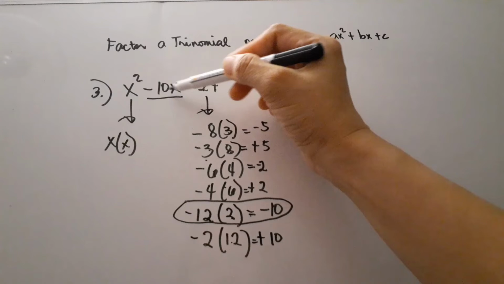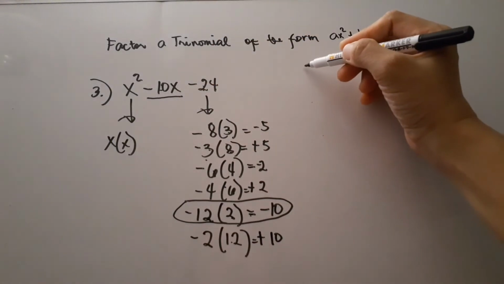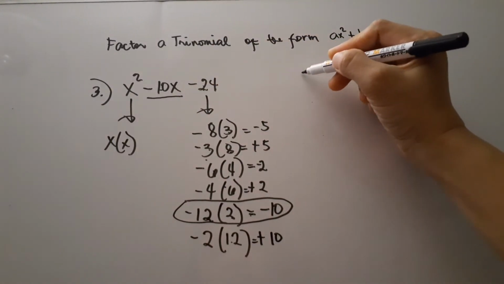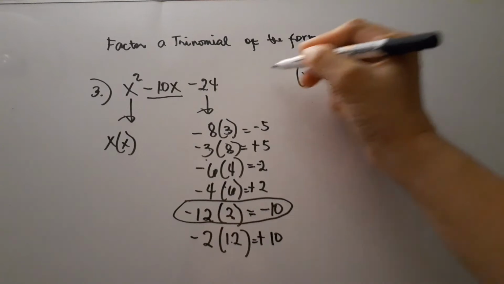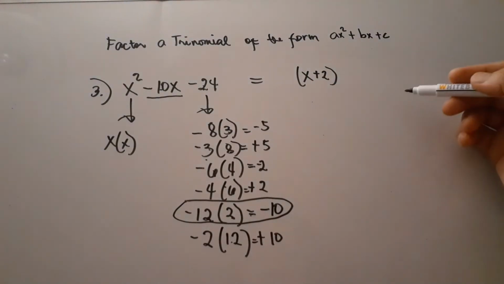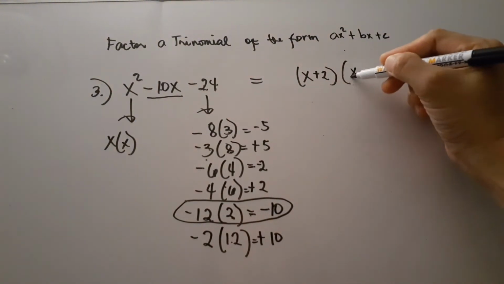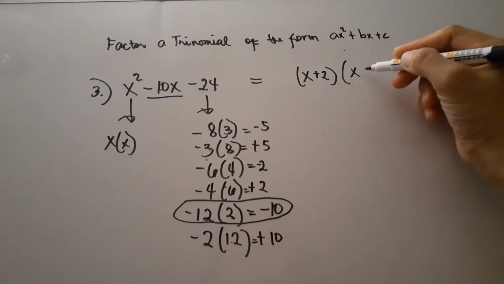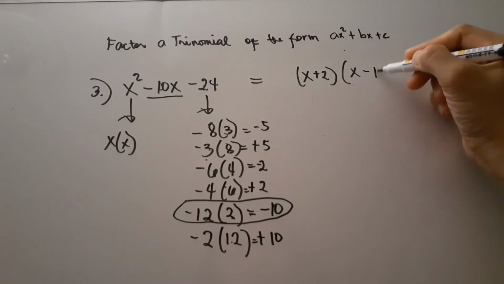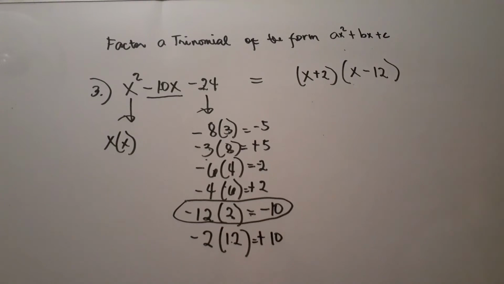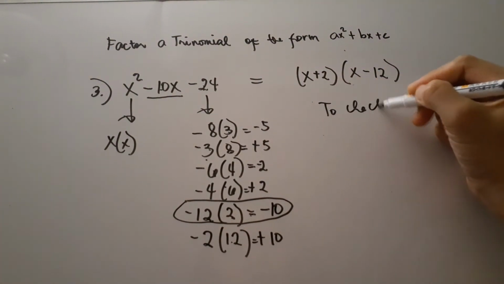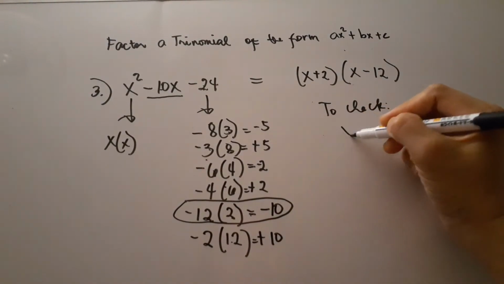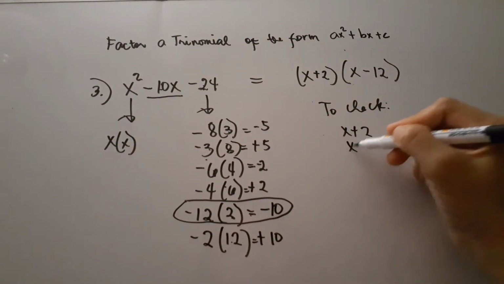Let's see if it's correct. Then let's have x positive 2 and x negative 12. Remember that we can multiply these two, x plus 2 and x minus 12, so we can check this.